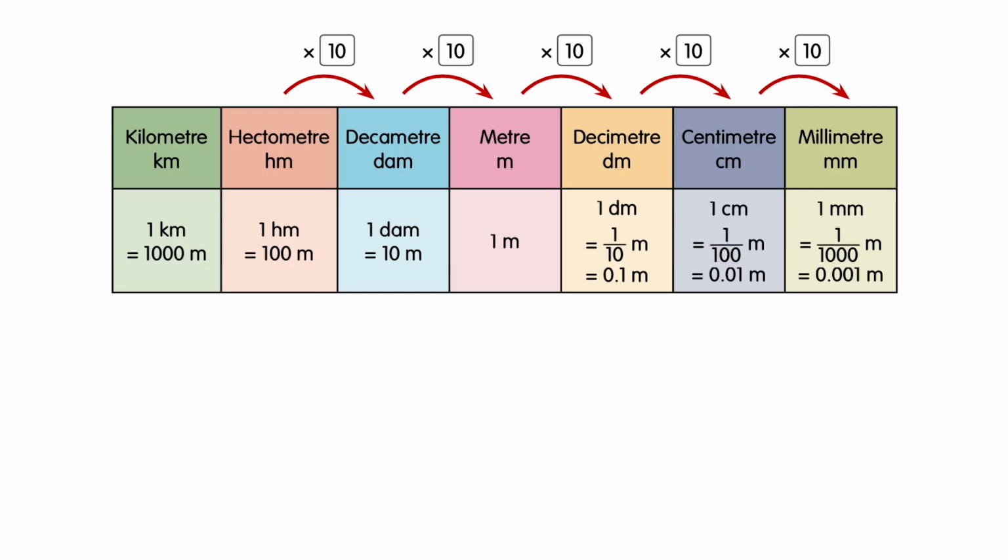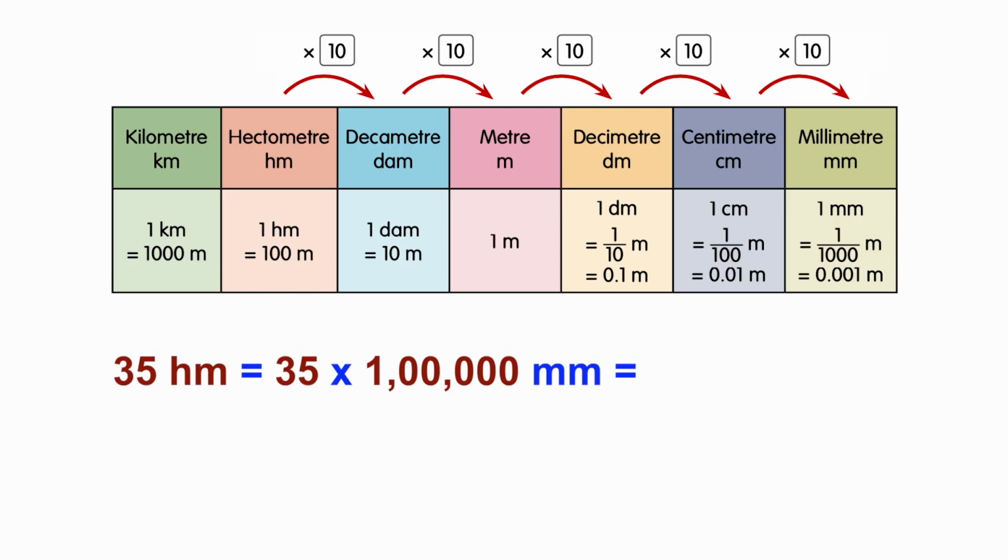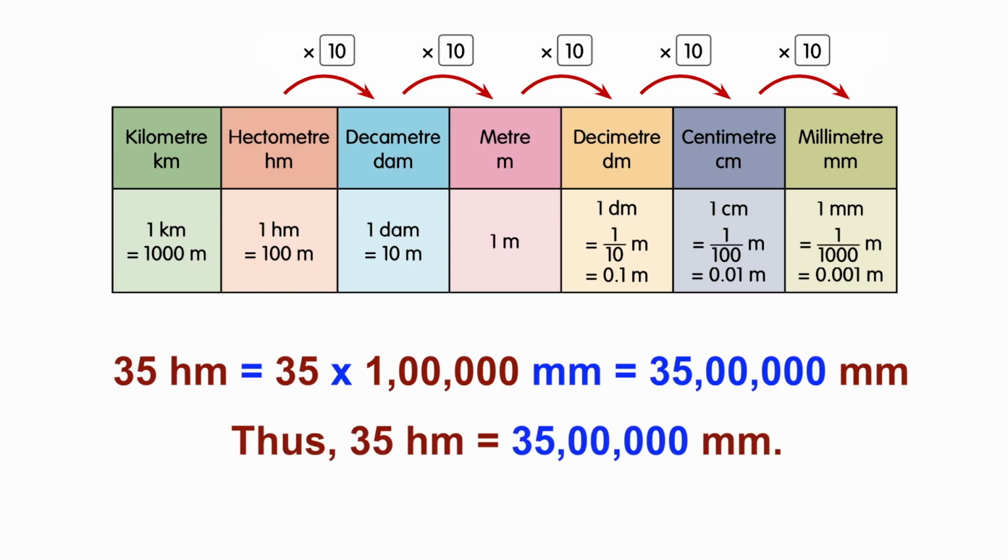We know that 1 hectometer is equal to 1 lakh millimeters. So 35 hectometers equals 35 multiplied by 1 lakh millimeters equals 35 lakh millimeters. Thus, 35 hectometers is equal to 35 lakh millimeters.